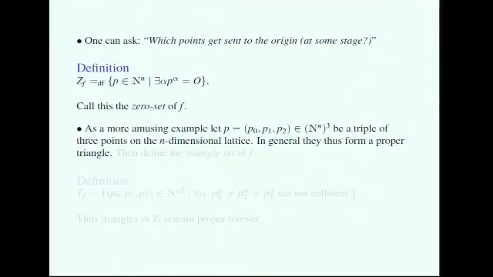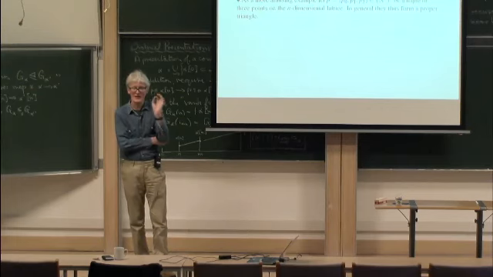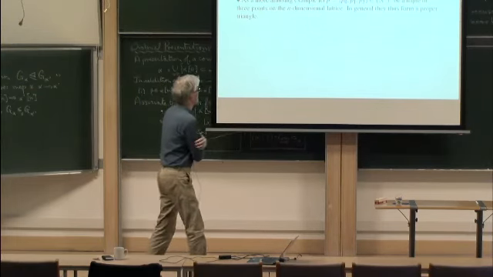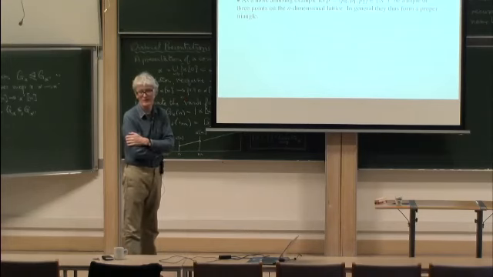Okay, a general triple of points, it's a proper triangle, and you could ask, well, which triangles collapse to a point? Or which triangles become collinear? Or which triangles stay forever triangles, as we reiterate in this way?